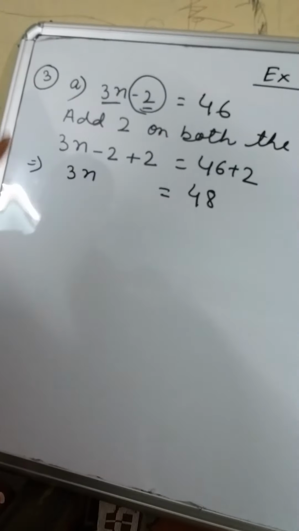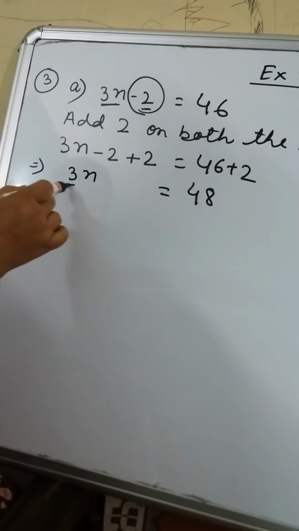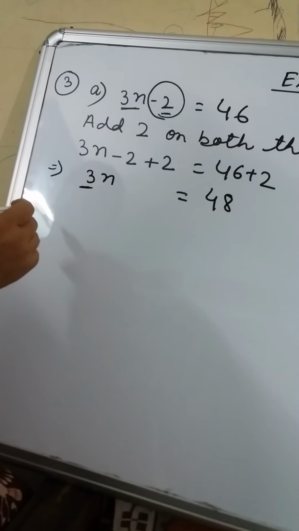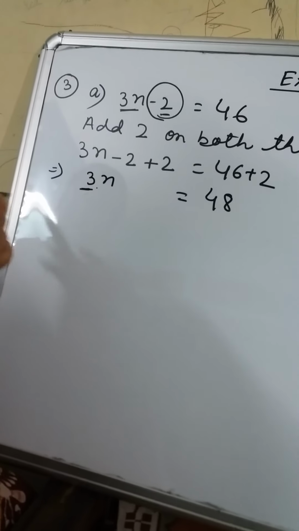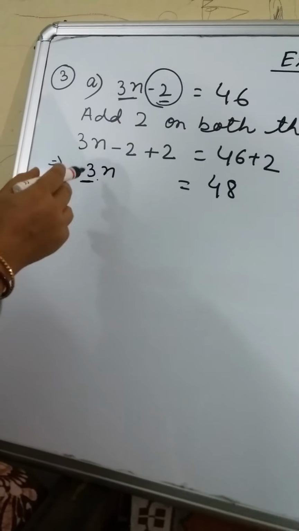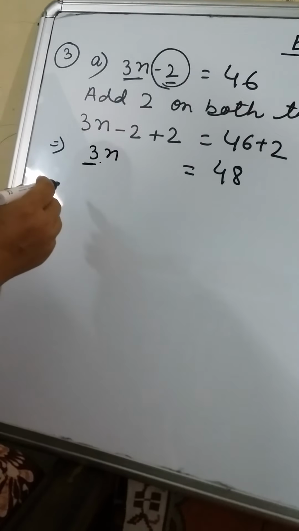Now I have removed 2. Now I have to remove 3 to separate the variable. Here it is multiplication, so we have to divide both the sides by 3.